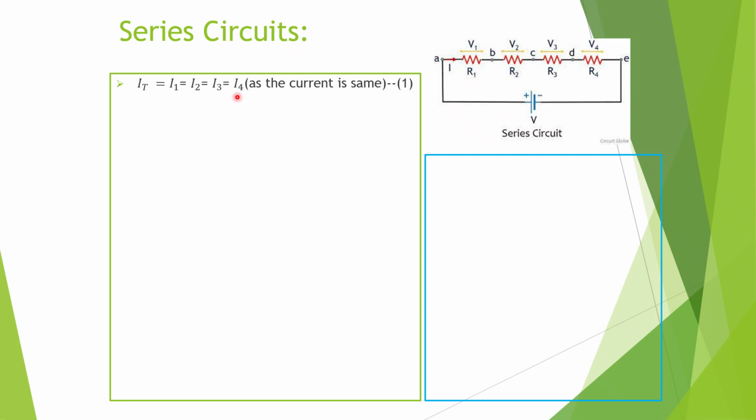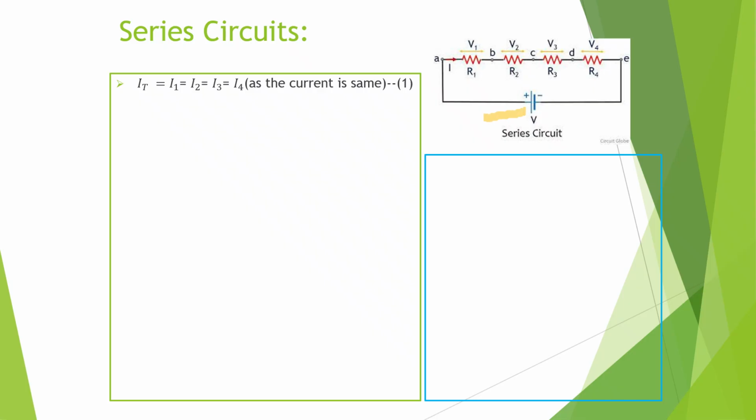Here the current is stated as the same in a series circuit. How are we saying that the current is the same in the series circuit? Let us take the current.